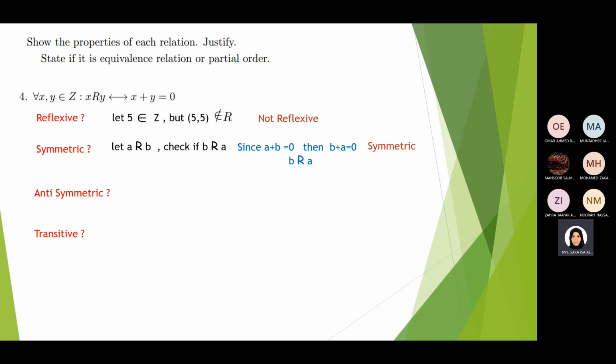When I say 5, 0 does not belong to R, because what are the pairs inside R? An integer and its negation, its negative value. 5 and minus 5, minus 5 and 5. These two belong to R. But 5, 0 does not belong to R. Okay?